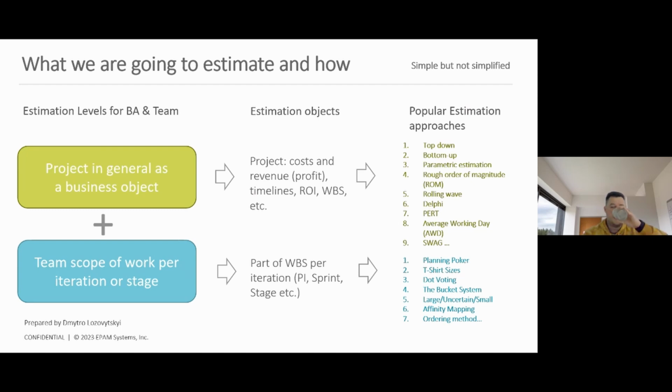So, as you can see, guys, this is a separate list of techniques that you're going to use on the team level to estimate, to make this exercise more efficient and to provide a more precise estimation. And what is the secret of every estimation technique usage?